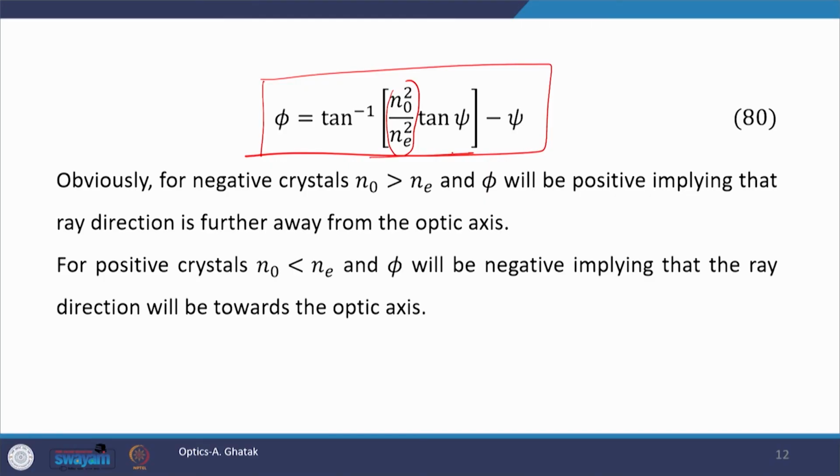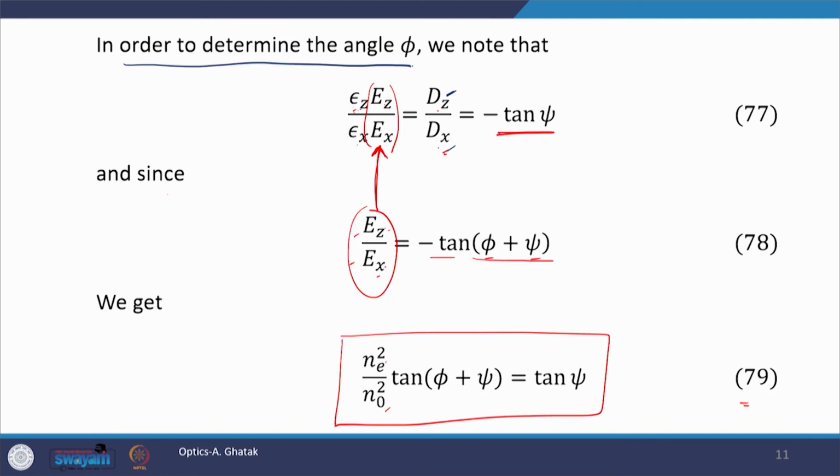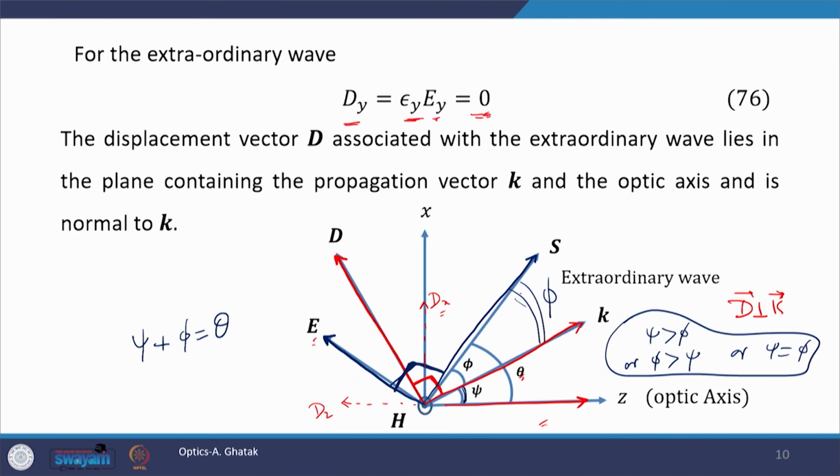And if no is larger than ne, then this term would be larger than psi, and the quantity on the right hand side of equation number 80 will therefore be positive, and it says that the ray direction is away from the optic axis. If phi is positive, it means S would be away from the optic axis.